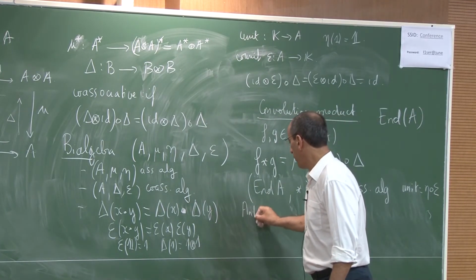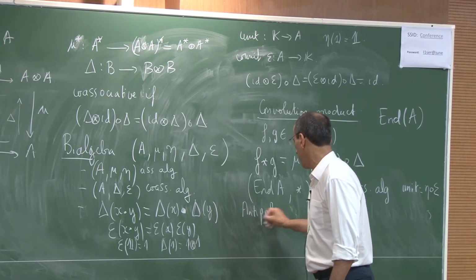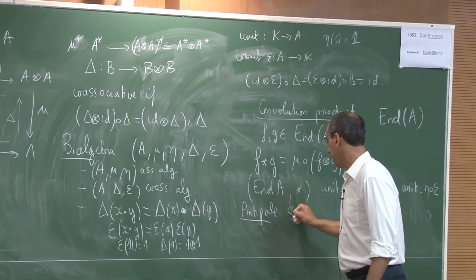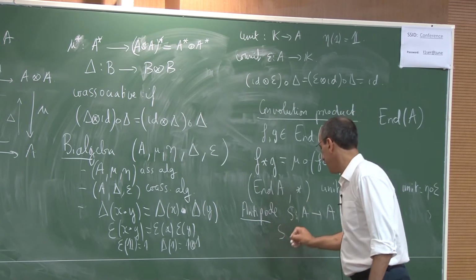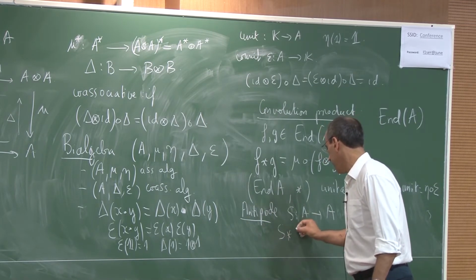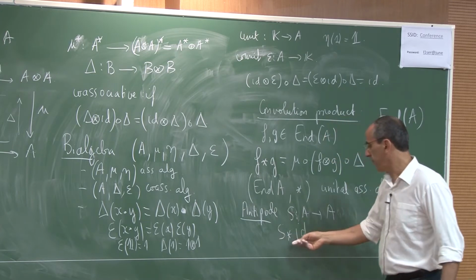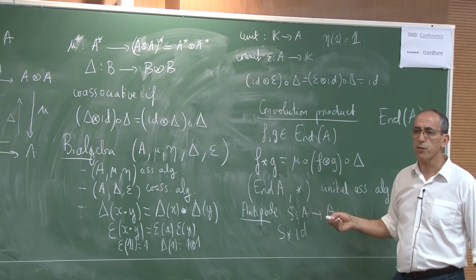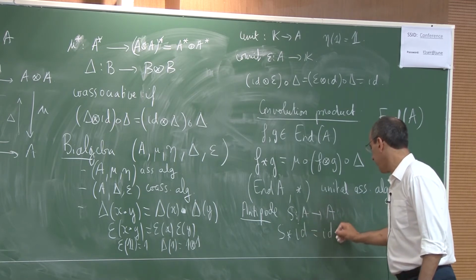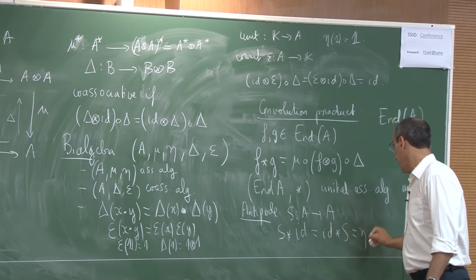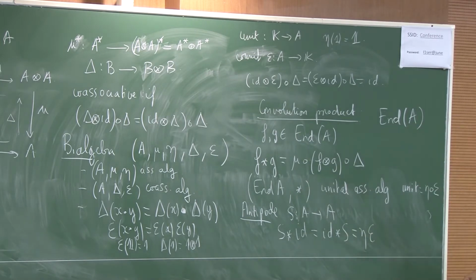And we call an antipode, which also plays a very important role, a map S from A to A such that S tensor the identity is the inverse of the identity with respect to this convolution product. And this is the identity tensor S, and this is equal to eta composed with epsilon.